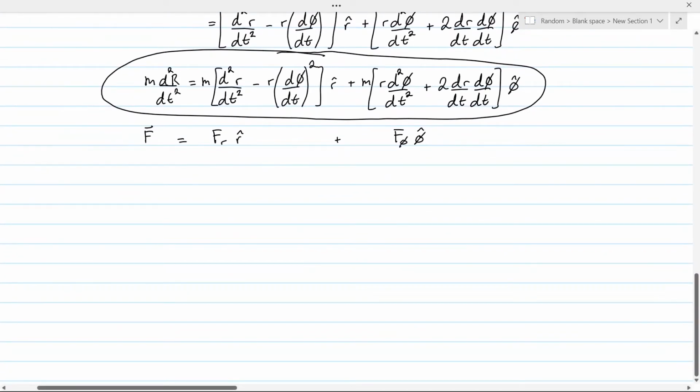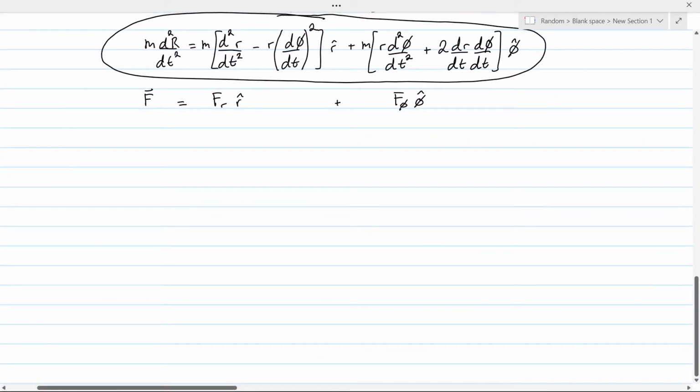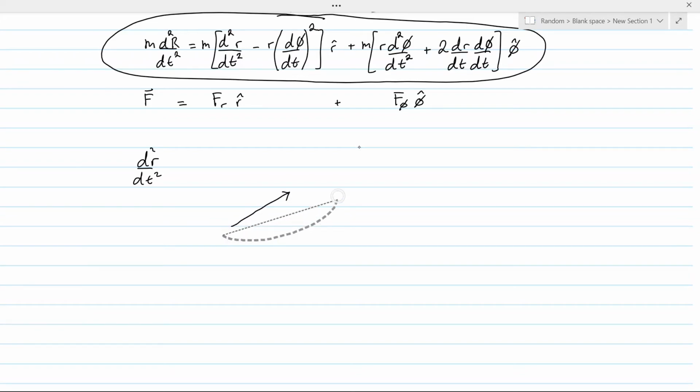Now there are four terms that you can see, so let's go over what they mean. The first term, d squared r dt squared, all this is a radial acceleration. So here's a radial vector, and I am accelerating in the radial direction, right?